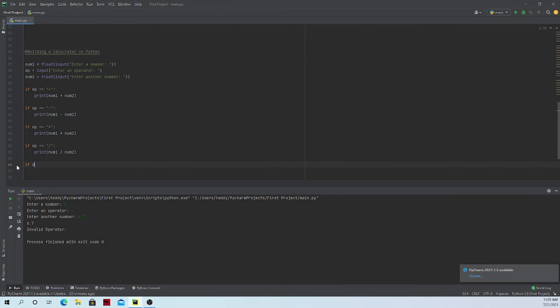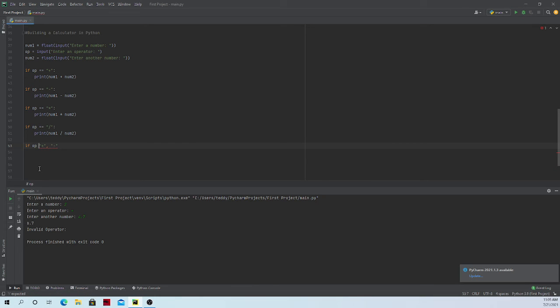So now we could say if operator does not equal plus, comma, minus. Actually, sorry, I think it's the other way around. I think I made a mistake here.